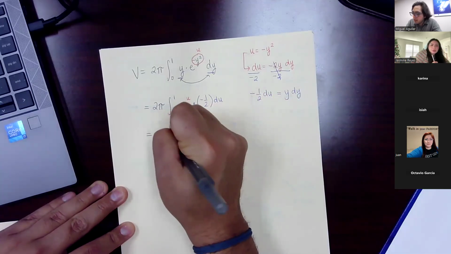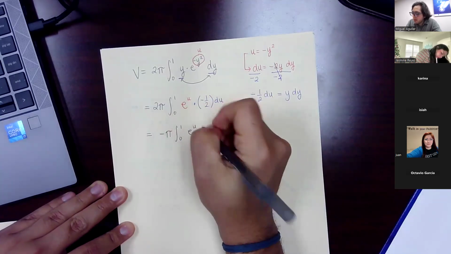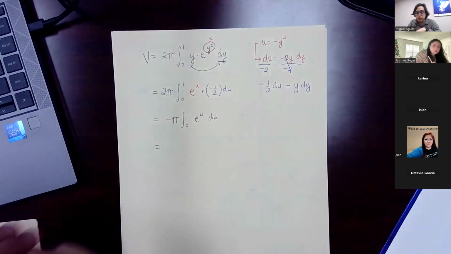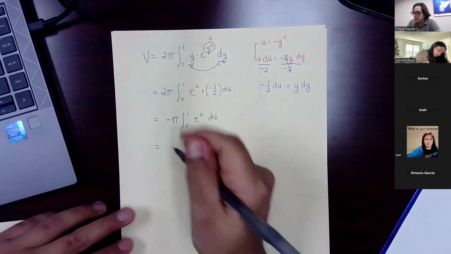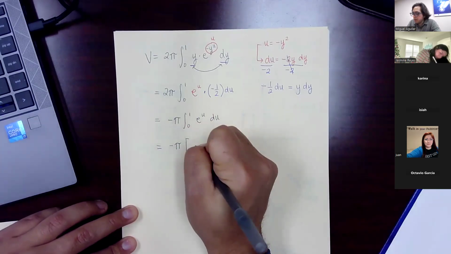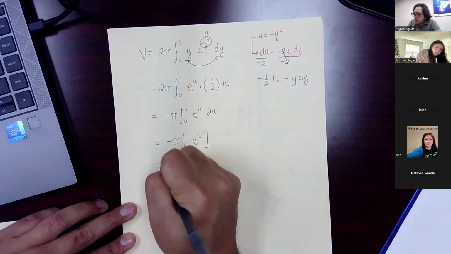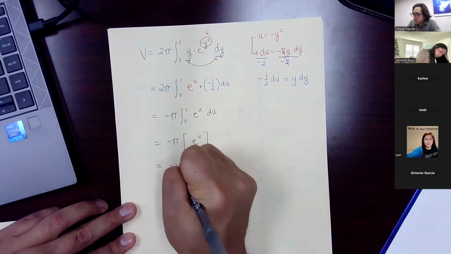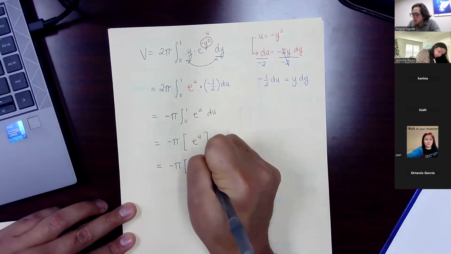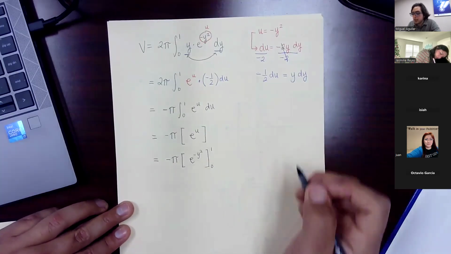So this is going to be a negative pi out here, 0 to 1, e to the u du. And then what is the integral of e to the u? Well, that should just be e to the u. But remember, we need to go back into our original variable. So this is going to be negative pi e to the negative y squared, and then we're going from 0 to 1 to evaluate this.